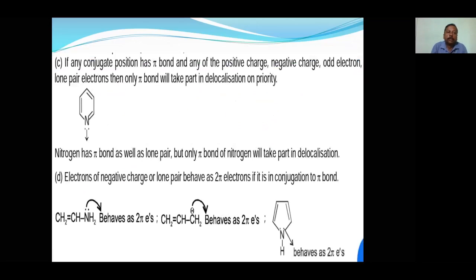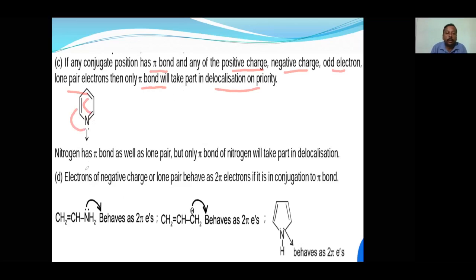Okay, next. Third, also a very dangerous misconception. In any conjugate position, with a pi bond and positive charge, negative charge, odd electron, or lone pair, only the pi bond will take place in the delocalization as a priority. See here, these two are in conjugation, these two are in conjugation. But preference is given to what?